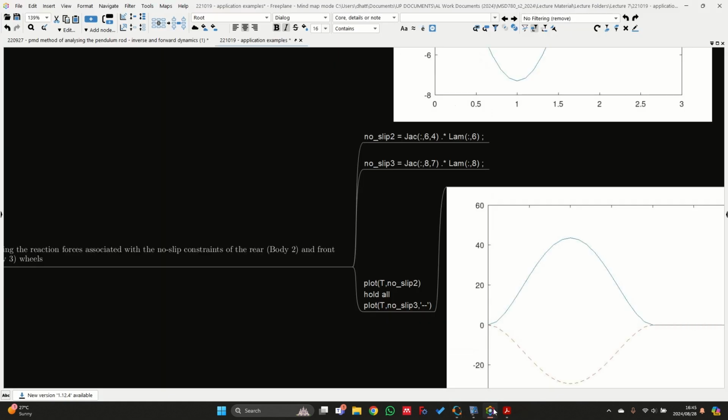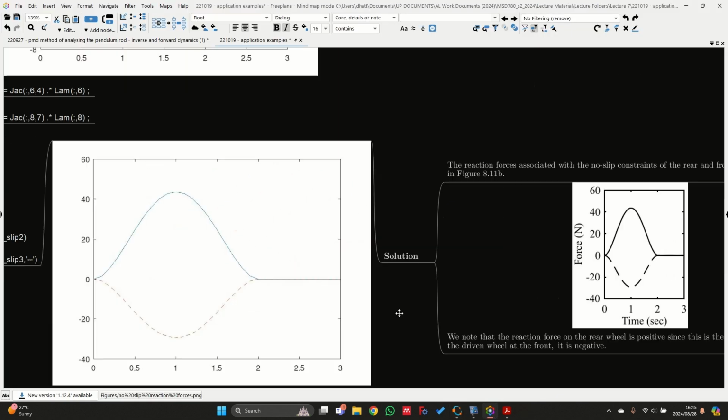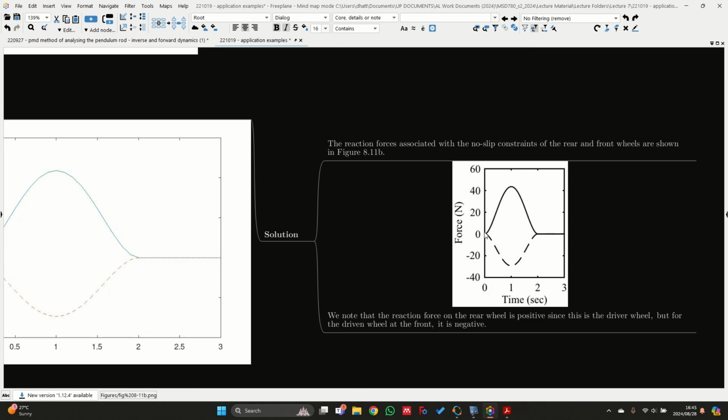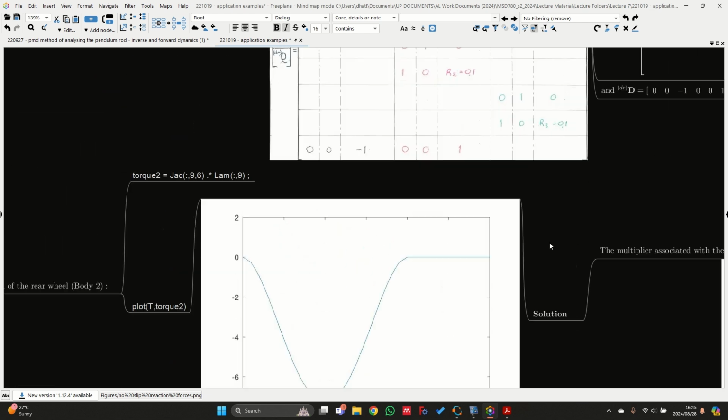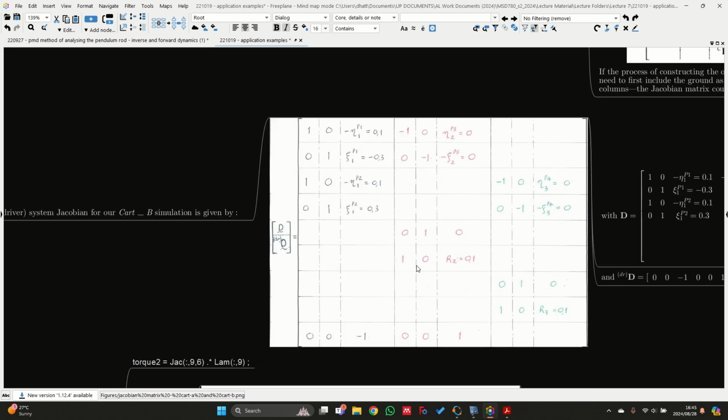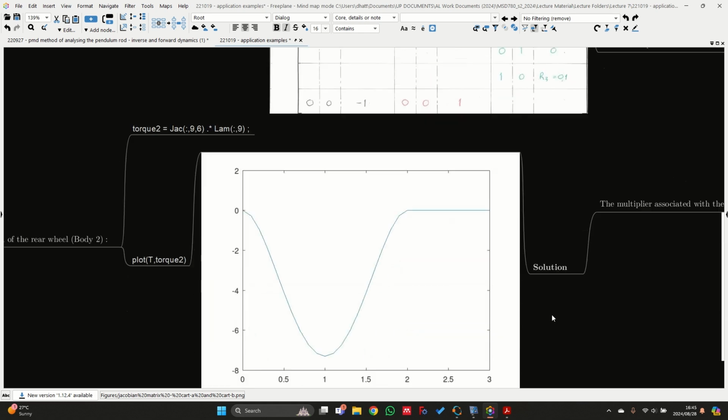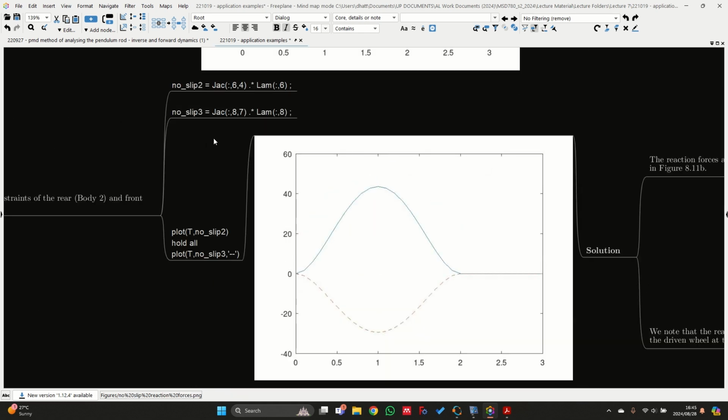If I go and compare this to what we get from the PMD textbook, we can see that this is indeed the same. And I could actually use just Lagrange multiplier 6 and Lagrange multiplier 8, because if I go back to the Jacobian matrix, I can see that they are both only multiplied by 1. So I don't need that Jac 8-7, Jac 6-4 in front of the actual calculation of the reaction forces.